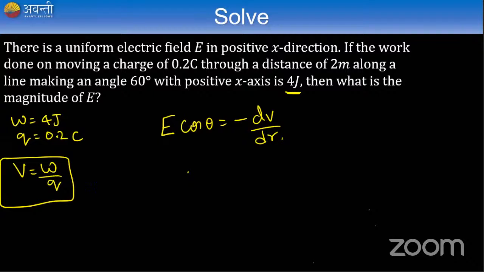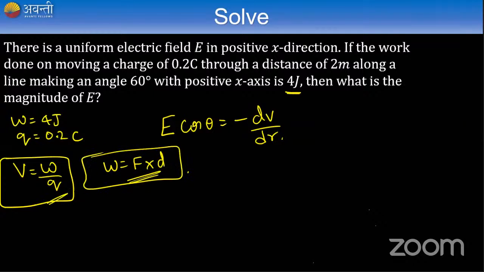And also we know W is equal to force into displacement. Work done is force into displacement. Now use these two to find. Actually, this is not a cross product.